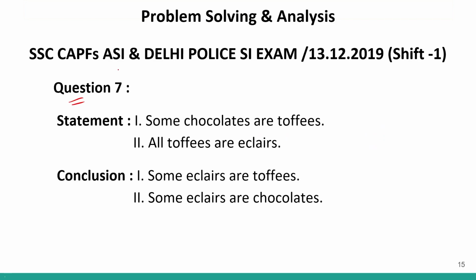Question number 7. Question of syllogisms. Syllogisms we have already discussed. We use Venn diagrams to solve syllogisms. Now, some chocolates are toffees, all toffees are eclairs. And these are the conclusions, and we have to find out which of the two conclusions are true. Some chocolates are toffee.